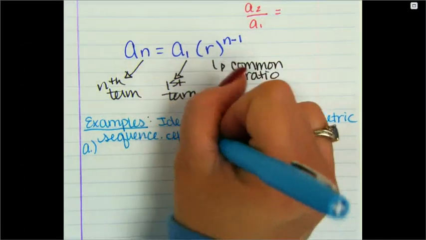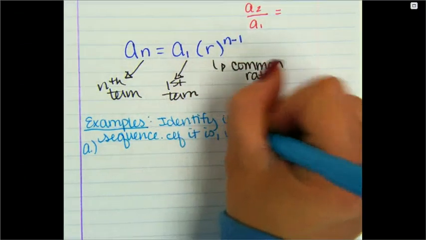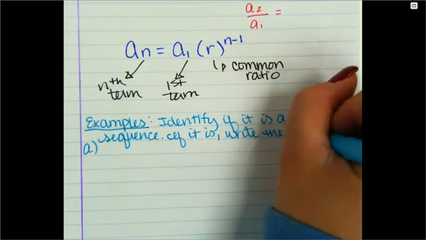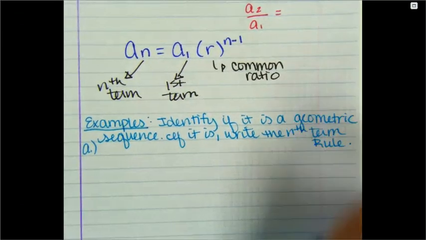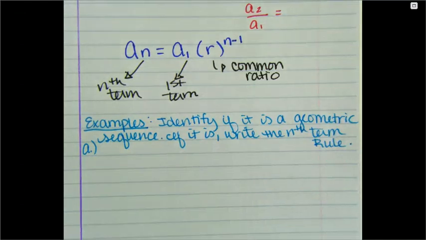If it is, write the nth term rule, which is what your homework actually said the other day. Remember the wrong homework I gave you? It said this, and you just found whether it was geometric or not, and that was fine. But now we actually have to find the rule. You may have photocopied the wrong homework. My bad.